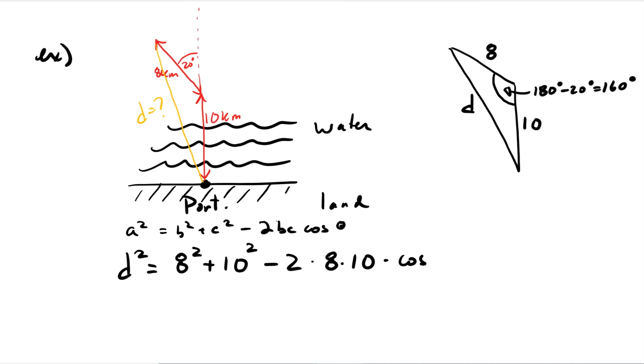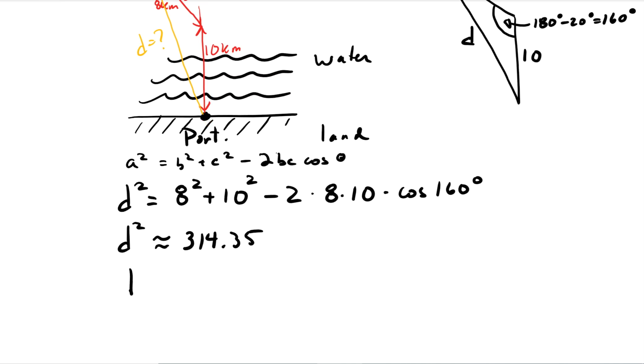So cos of 160 degrees. And therefore, if you calculate this, D squared is approximately 315.35. And taking the square root, D is simply equal to 17.73 kilometers.